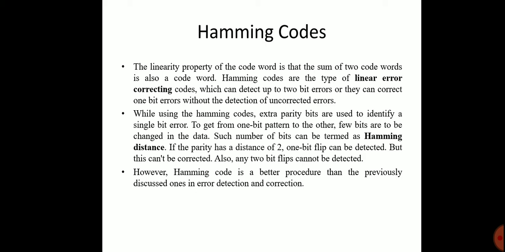So, in this presentation, we studied how linear block codes work, how they control error-free delivery in the communication network, how convolutional codes read the redundant error bits in the original messages, and how Hamming codes use the Hamming distance in the parity of the original and duplicate messages. The Hamming code is a better procedure than the previously discussed ones for error detection and correction.